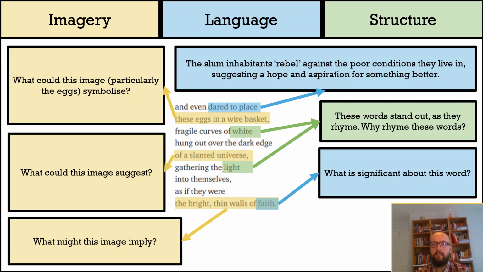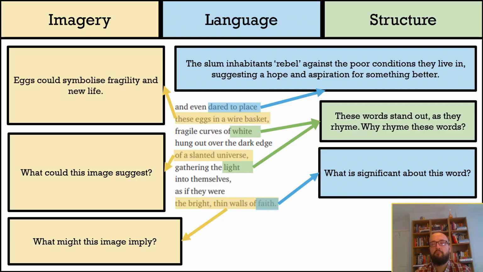This rebellion, I argue, is against the poor living conditions, which suggests that the people hope for and aspire towards something better. On the other hand, it could also suggest that they won't let their living conditions get them down, and that they will not be controlled or crushed by them.